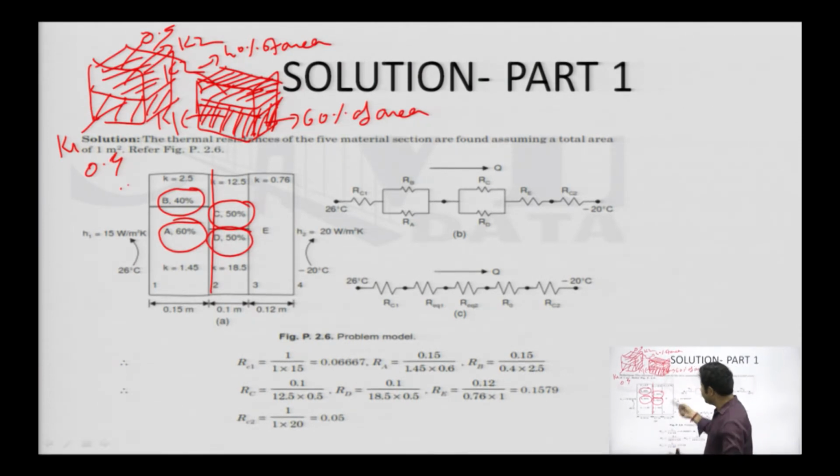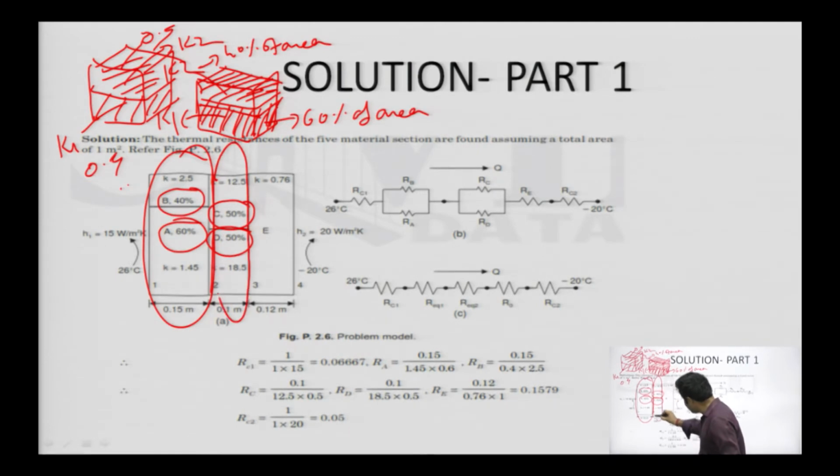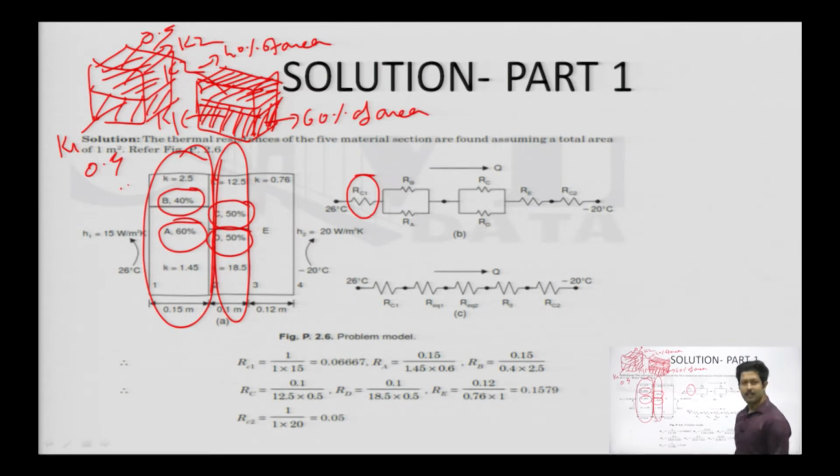So this is a parallel resistance equivalent you need to find out. This is again a parallel resistance equivalent you need to find out, and this is a series. So heat will come and encounter this resistance first, a convective resistance. Then it will come across this parallel duo, and you need to calculate the equivalent resistance for this.